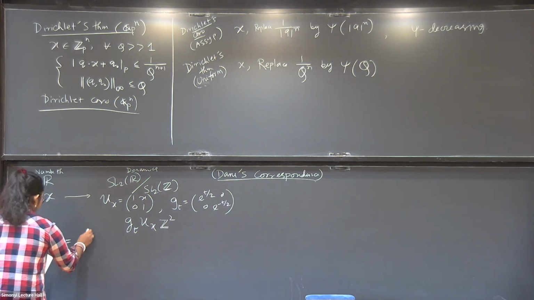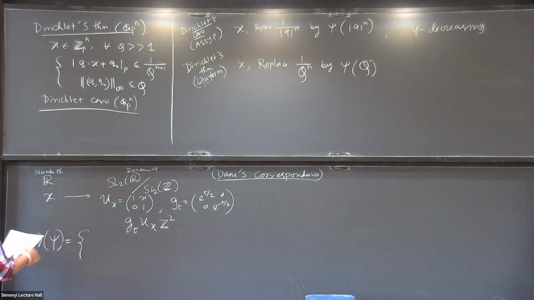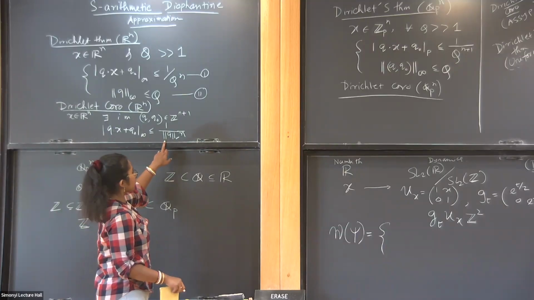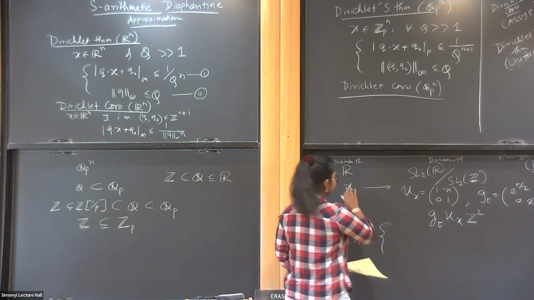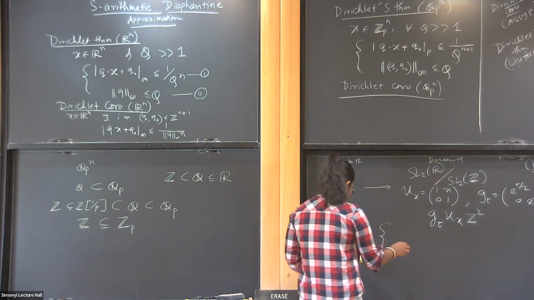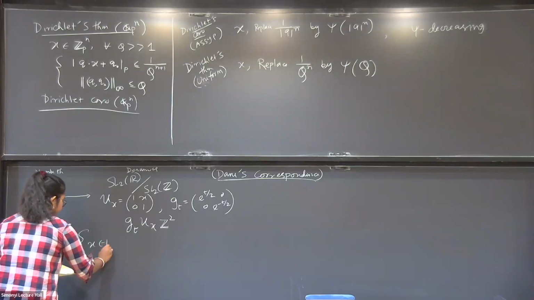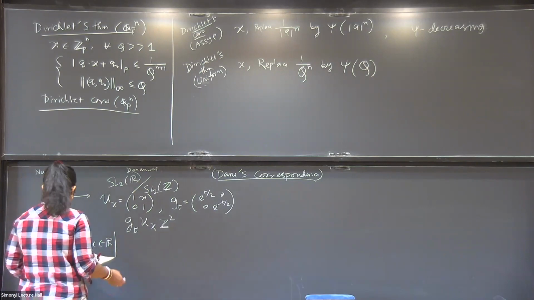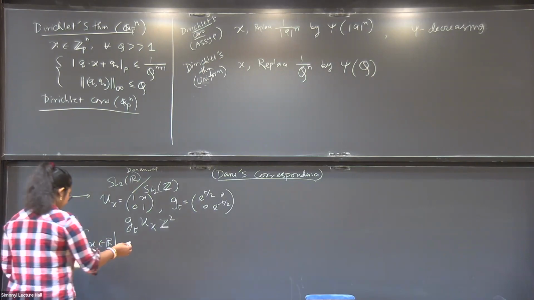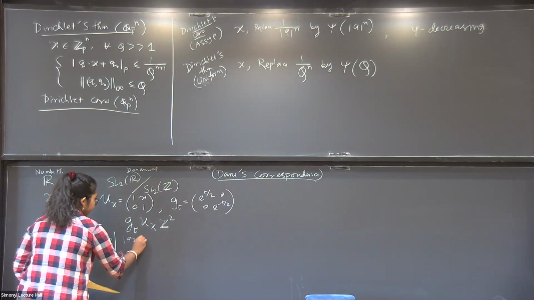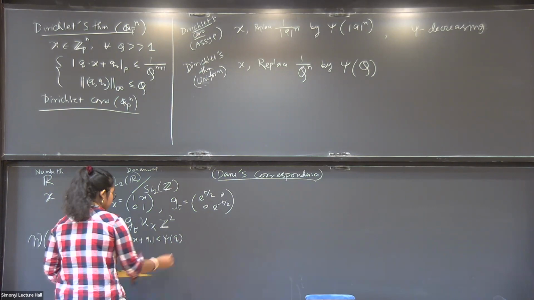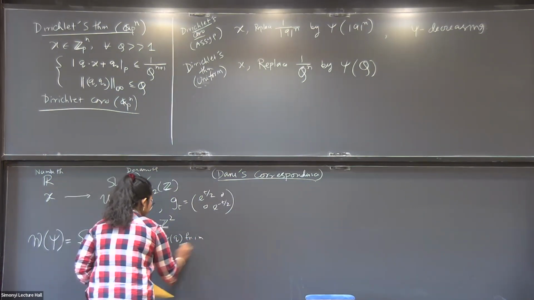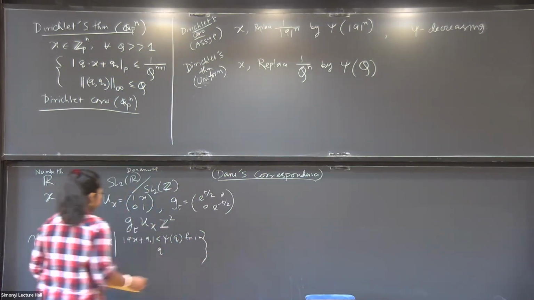Okay, so what is W Chi? W Chi is where you change this 1 by Q to the power n to 1 by Chi of Q to the power n. Since I'm just restricting myself to R, I'm just saying X in R is Chi approximable if, as you can expect, |Q X plus Q naught| should be less than Chi(Q) for infinitely many Q. And what does it really mean?